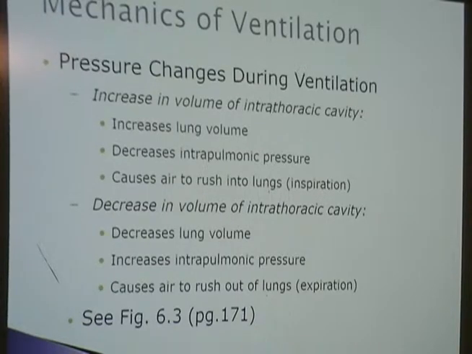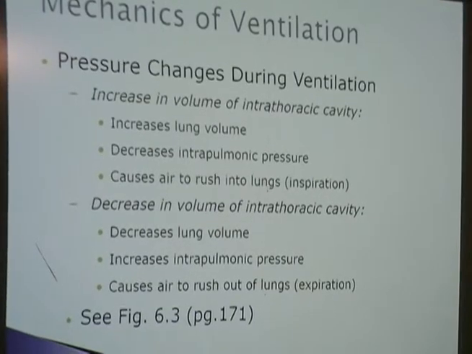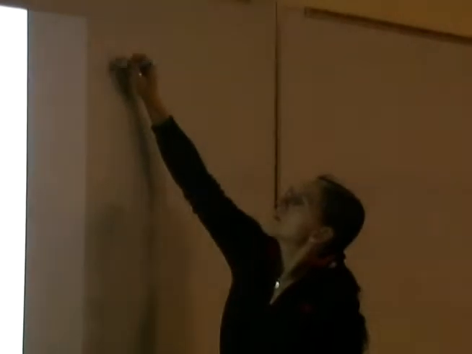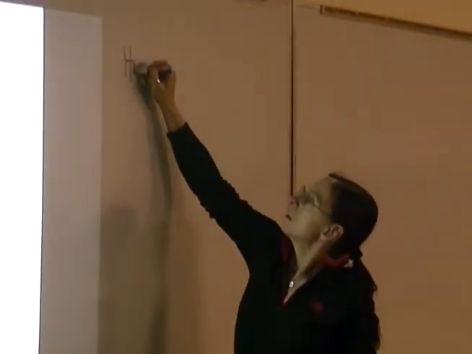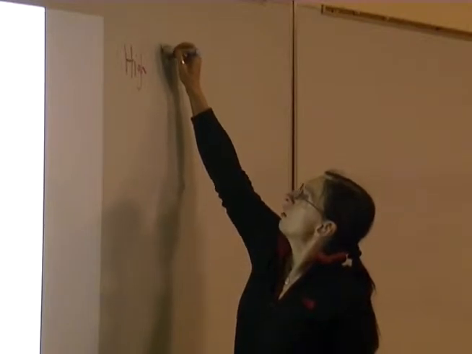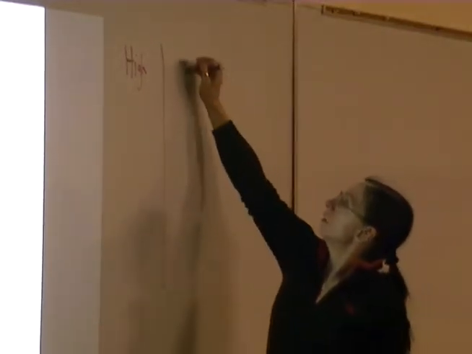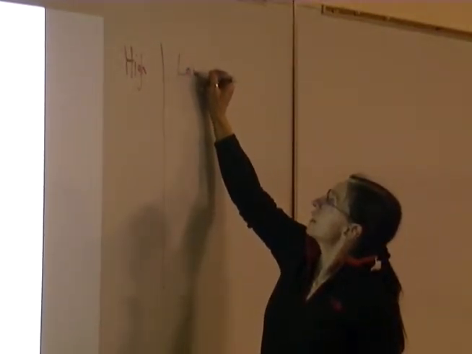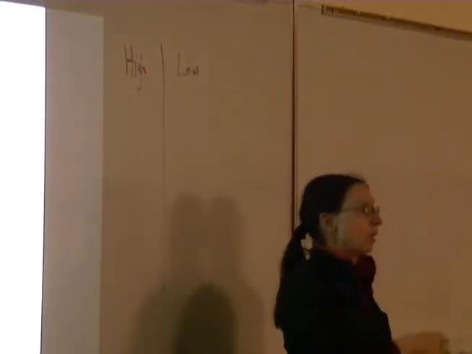So we're always going to go high to low. If we're looking at blood or water or anything like that, it goes from high to low. If we're looking at gases, they move from high pressure to low pressure.